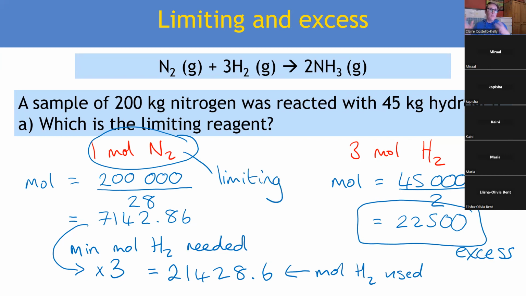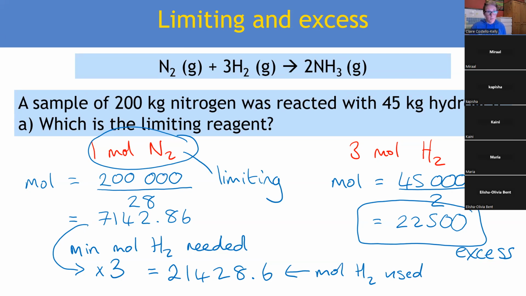So I work out the moles of each one and then pick one and work out what's the minimum number of moles of the other one that I would need to exactly react. And then compare that with the actual number of moles that I'm told in the question.